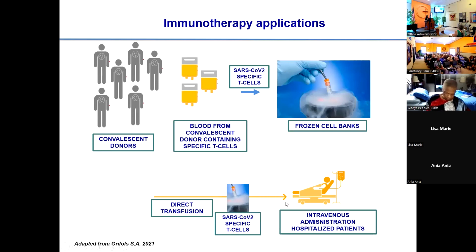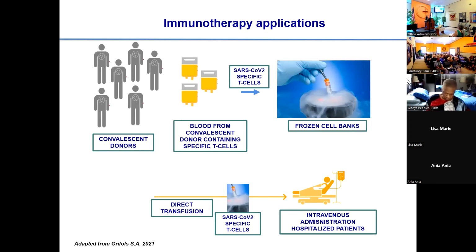With this large number of people, we can extract blood and do the process that we did in the laboratory, and make frozen cell banks that are waiting for someone who needs them.